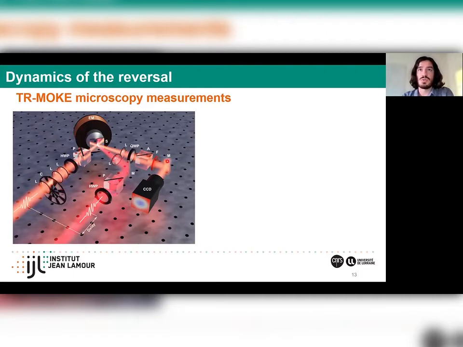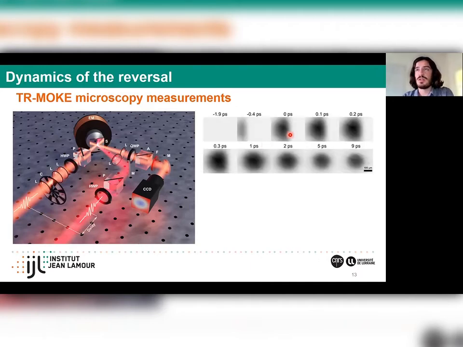And this is used to perform Kerr microscopy. So by changing the delay, we get different microscopy images. This allows us to have the magnetization as a function of time and also as a function of fluence, because the spatial profile of the pump beam is Gaussian.